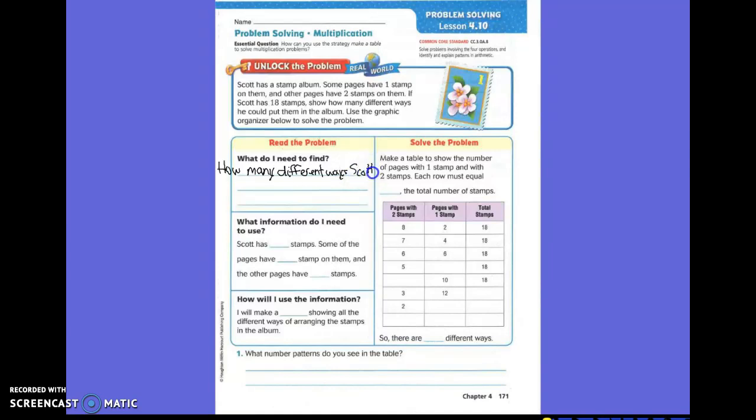How do you spell? Two T's. All 18 stamps.